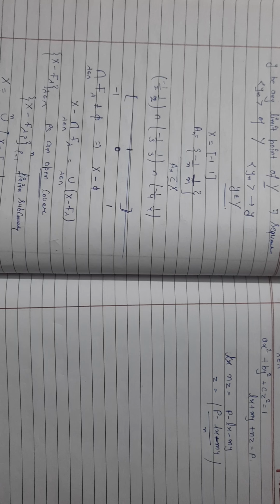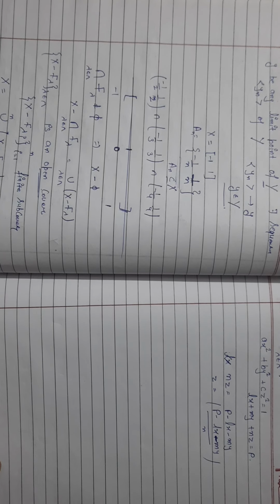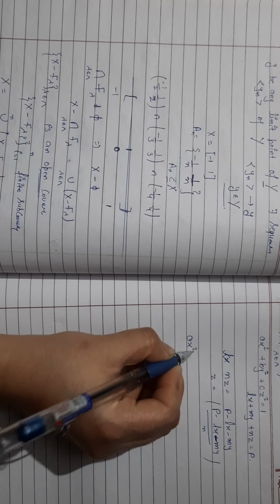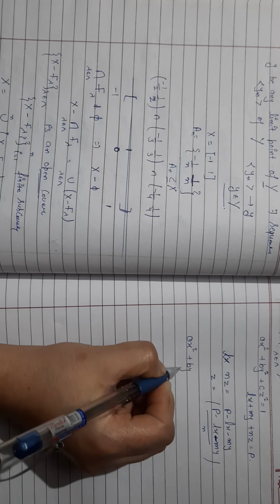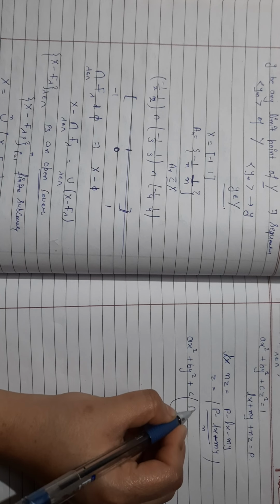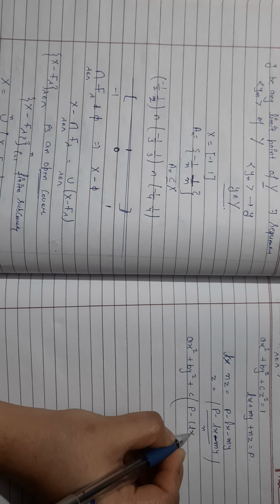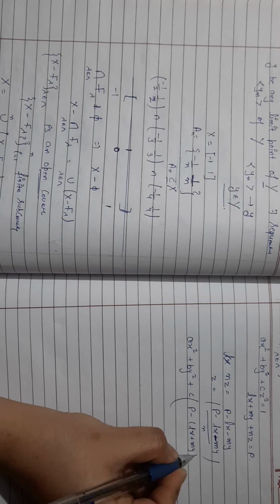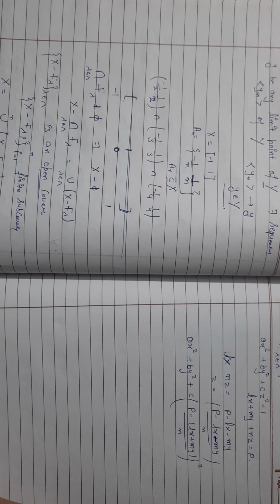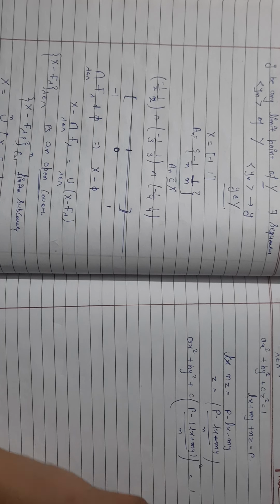And now substitute this value into the equation of the conic section, which is ax square plus by square plus cz square, and the value of z is p minus lx plus my over n, whole square, equals 1.